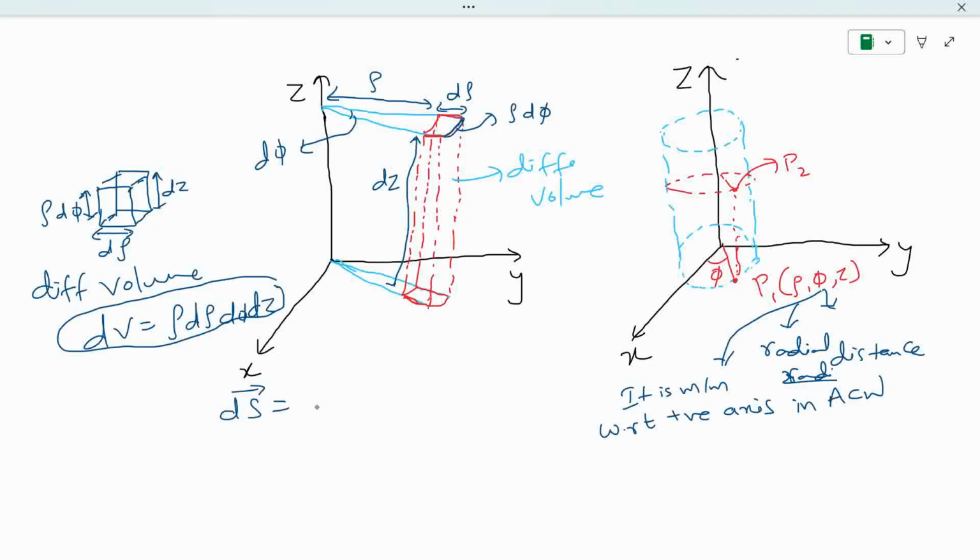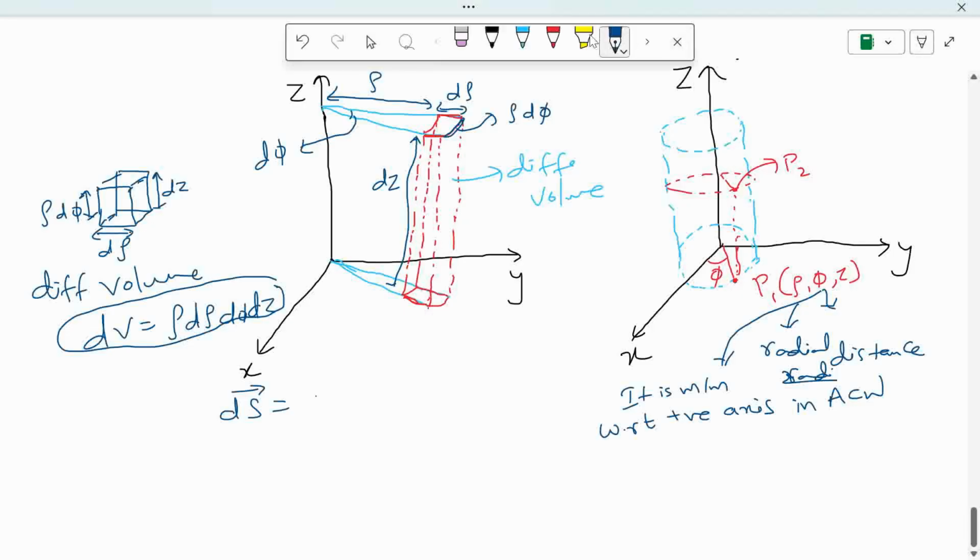Suppose we take the normal to, or parallel to, the z axis. So when we do that, you can see here. Let me draw again using another color. Just for understanding convenience, I am drawing it bigger.